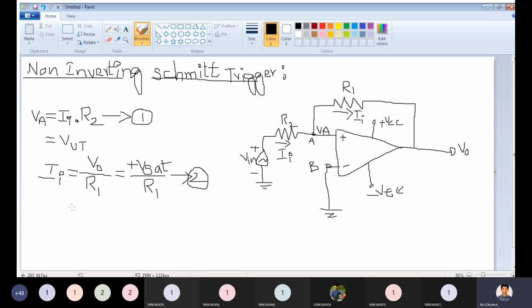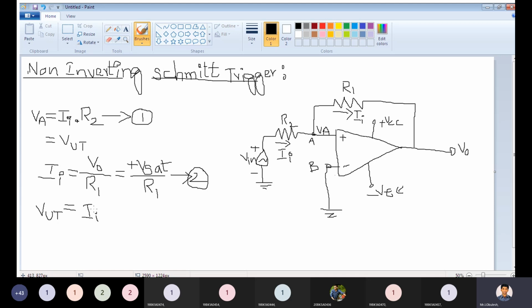Substitute that value in that equation, or you can substitute equation number 2 in 1, no problem at all. VUT is equal to Ii into R2.